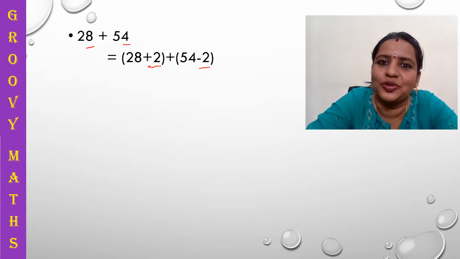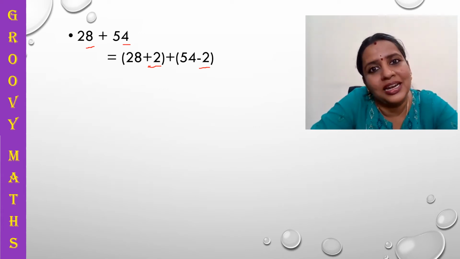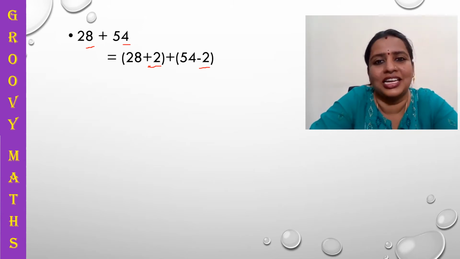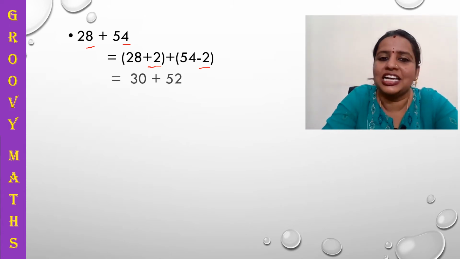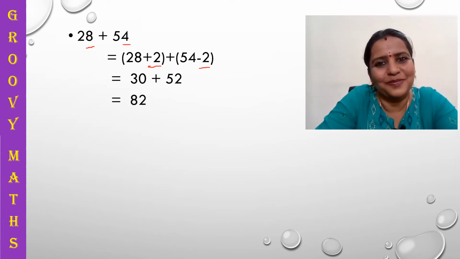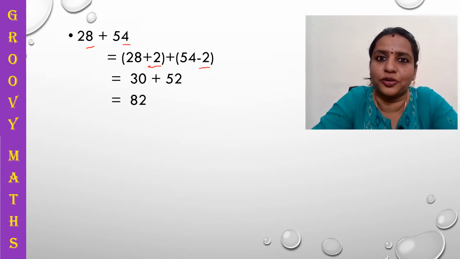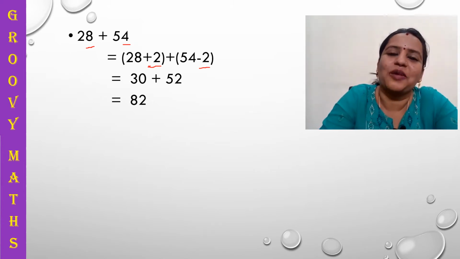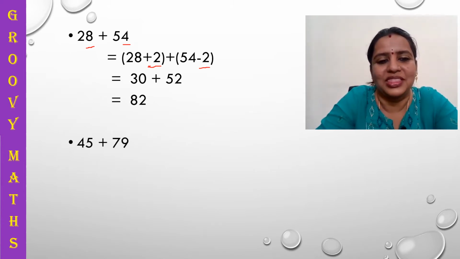I'm adding a 2 to 28 and immediately subtracting a 2 from the next number, 54. Subtracting gives me 52, and 28 plus 2 gives me 30. 30 plus 52 gives me 82. Isn't it simpler than 28 plus 54? That is also 82, isn't it? Yes. Okay, come on, let's go for the next sum.